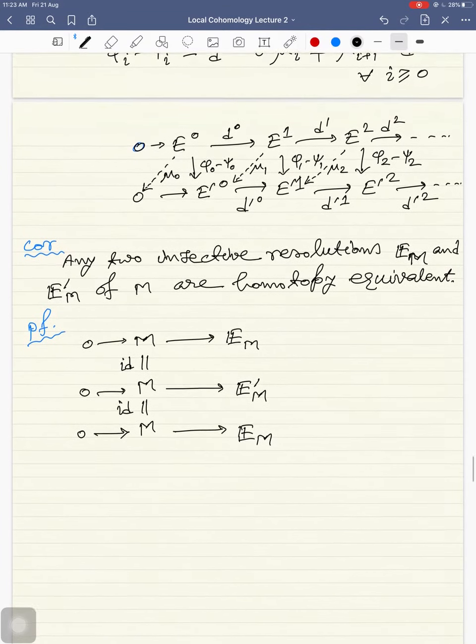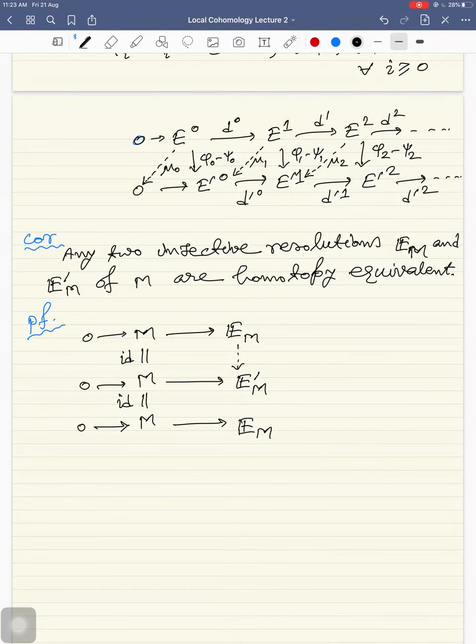So using that statement you can prove that from EM to E prime M you have a cochain map, let us say phi1, and by the same statement you have a cochain map phi2, and both are over the identity map on M. But here both EM are the same injective resolution, so directly you can have the identity cochain map on these injective resolutions.